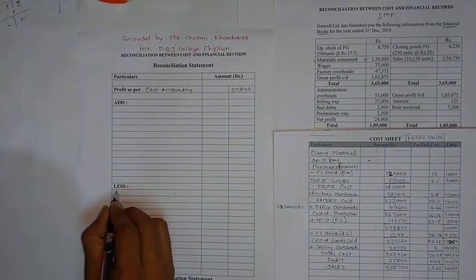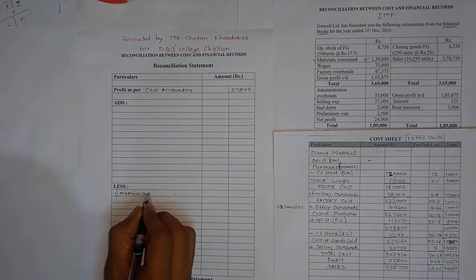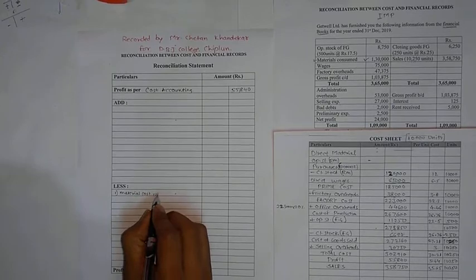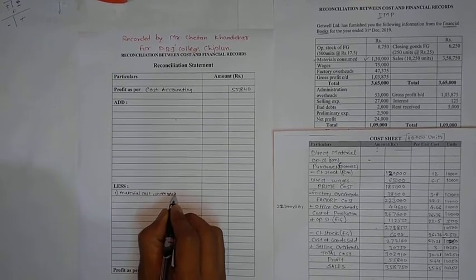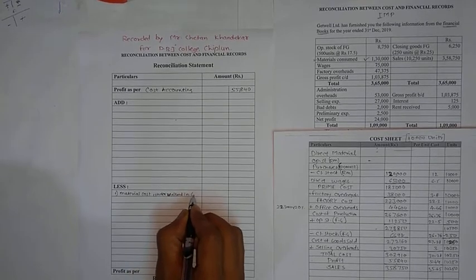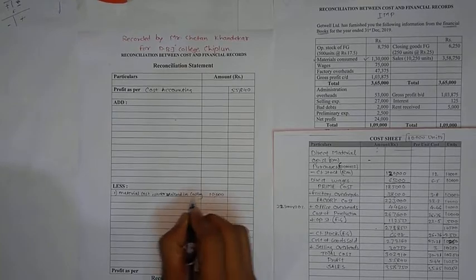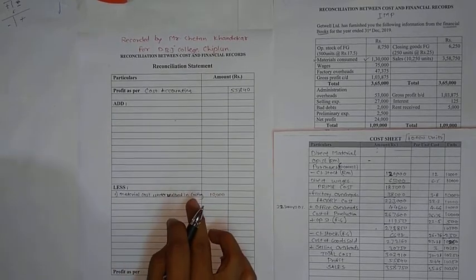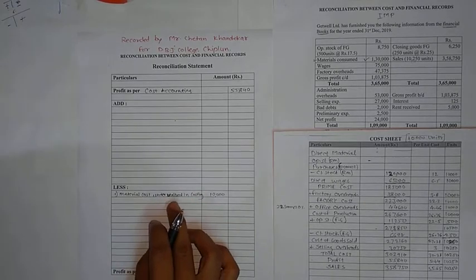You can check the format given to you. Material cost under valued in costing, amount is 10,000. You can also call it as overvalued in finance, because it is less in costing, more in finance. You can write overvalued in finance.